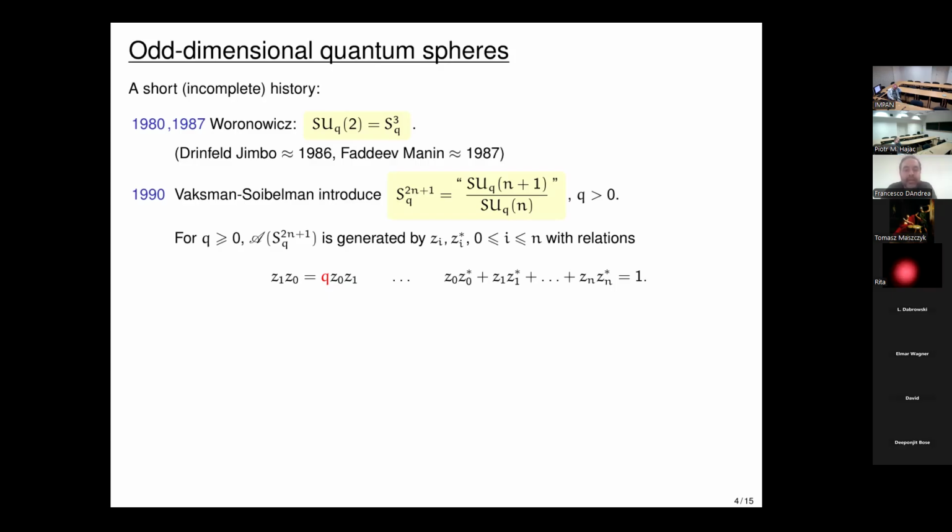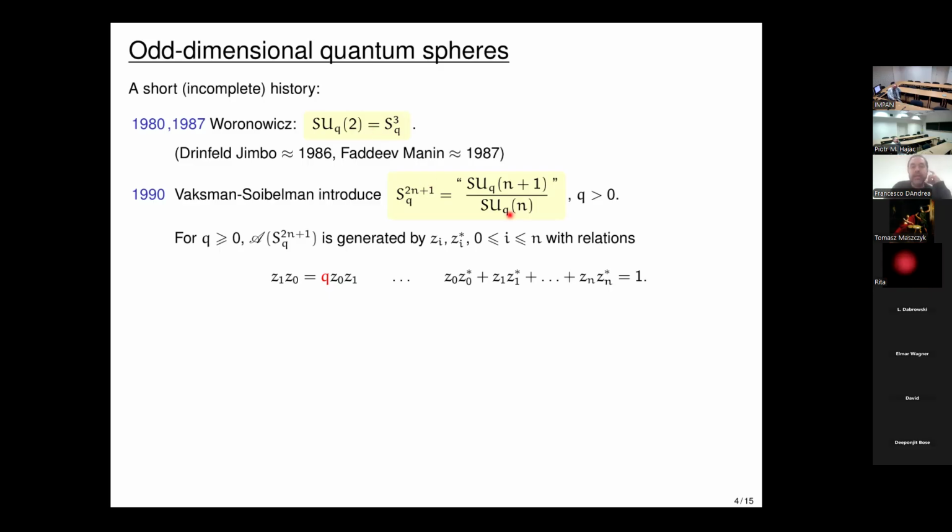The realization is similar to that of a classical unit sphere, in this case the sphere of dimension 2n plus 1 inside the complex vector space C^(n+1). Here I take Q greater or equal than 0, so the relations, if you write them in the correct way, also make sense for Q equal to 0.